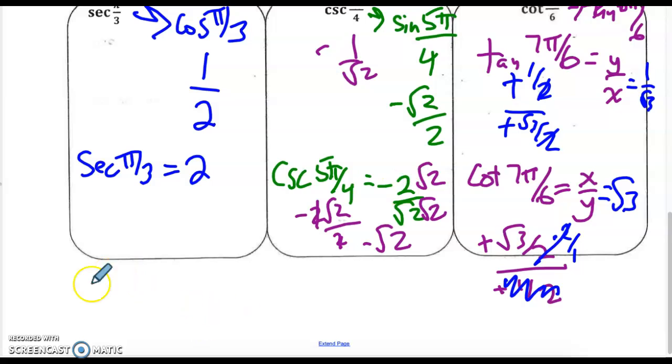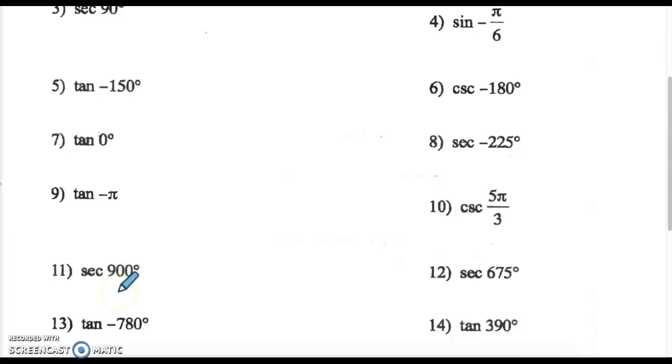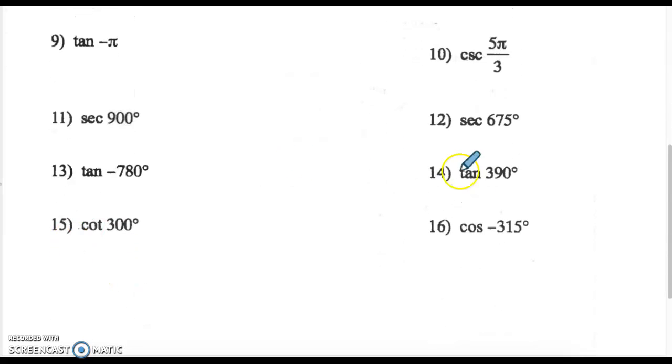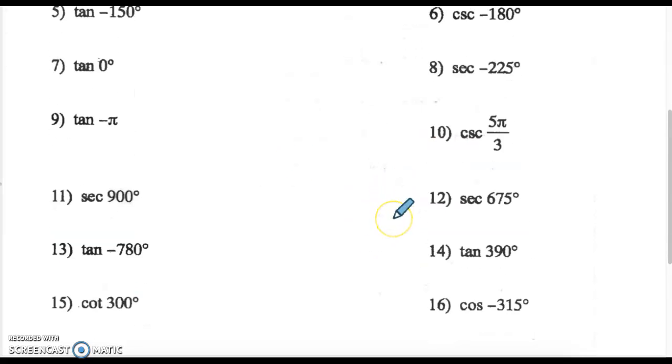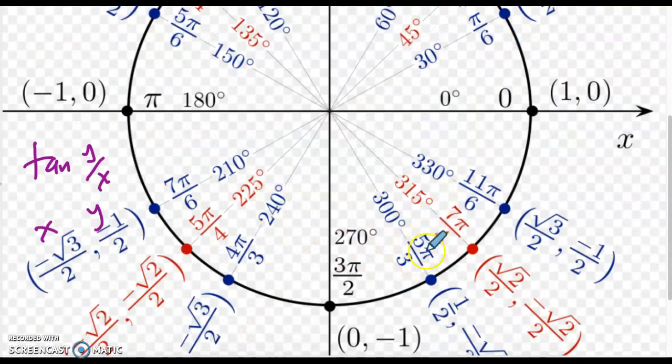Either way works. And if we wanted to practice a few more of these, there's a couple on here to practice. I'm not going to do a whole bunch of them, but we'll look at this one. Cosecant is the reciprocal of sine. So I know that I've got to find the sine. I'm going to find the sine of 5 pi over 3, and you can use your unit circle if you need to. 5 pi over 3 is way over here.